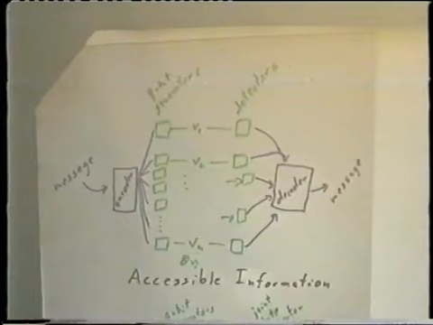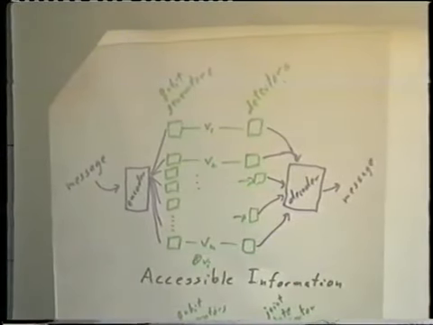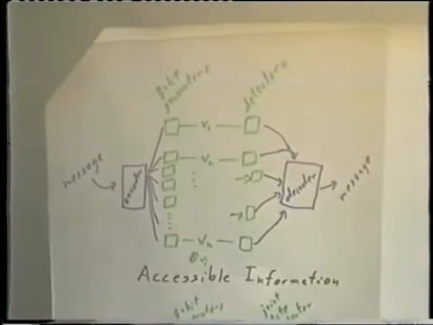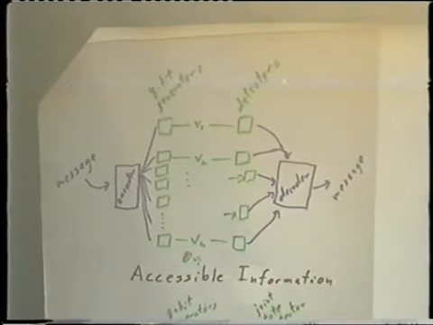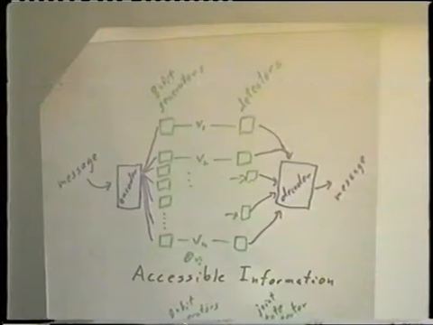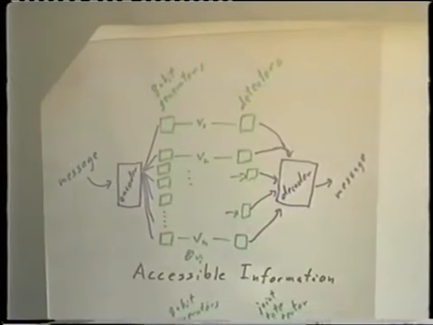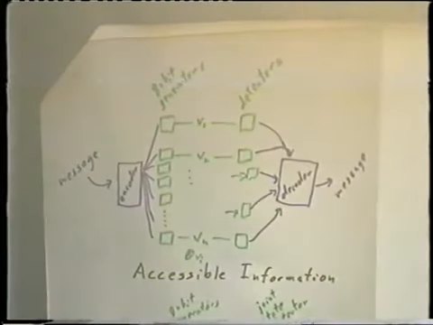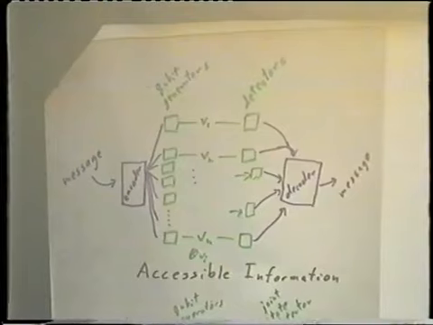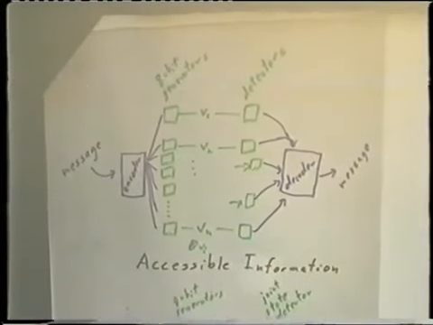So, why don't I put the view graph up? Here are two possibilities. This is the accessible information, and if you want to use accessible information as a bound for channel capacity, what we're requiring the sender to do is send one of these possible rho i for each of these input states.